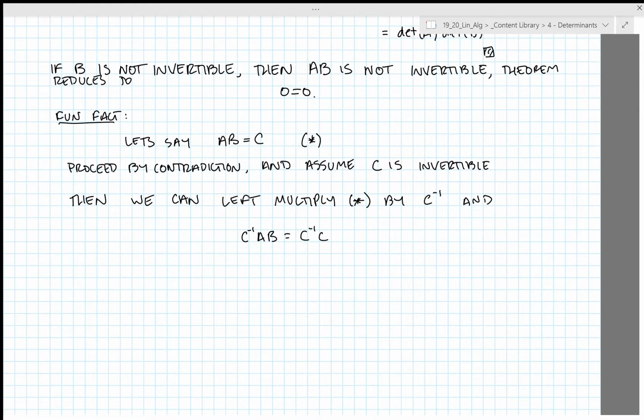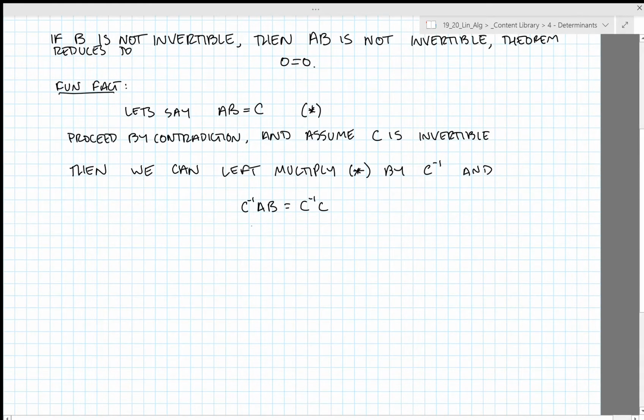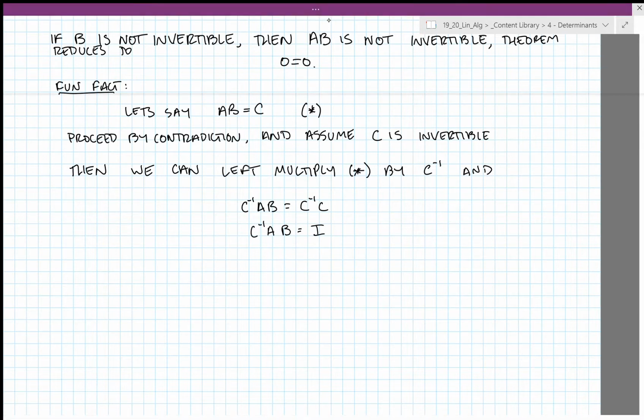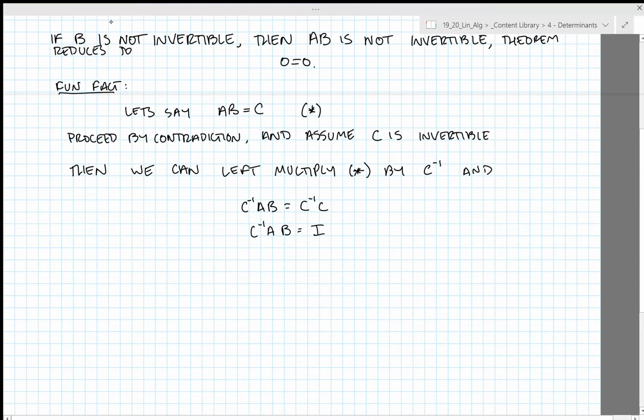And then you've got C inverse AB equals identity. Wait a minute. Then what I can say is, well, this is a matrix times B equals the identity. What does that sound like? It sounds like C inverse A is B inverse, which is a contradiction.